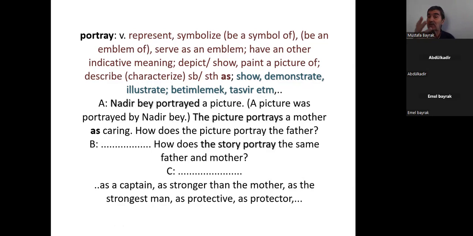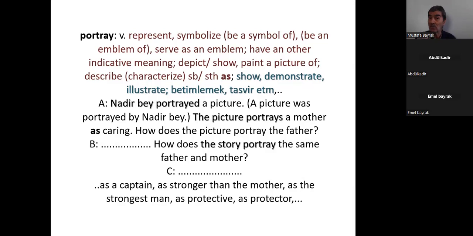It portrays the father as rational, as systematic, as methodical, as clever, or as a captain, as a noun, as an adjective. Okay, both are possible.